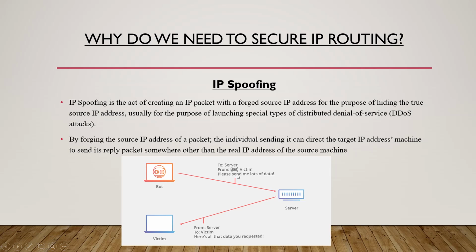He will send it as a bot, but to the server it will look like it was sent from the victim, that is this PC. So the server is like a server and the client is the victim. The hacker says, please send me a lot of data, and he sends that as the victim, and the victim gets all the data he requested, but the victim didn't request it. This is called IP spoofing.